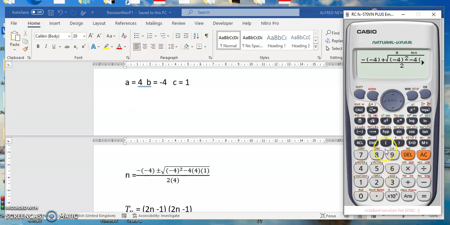Then you have your 2A. Your A is 4. If I press this, I'm going to get 1 over 2.